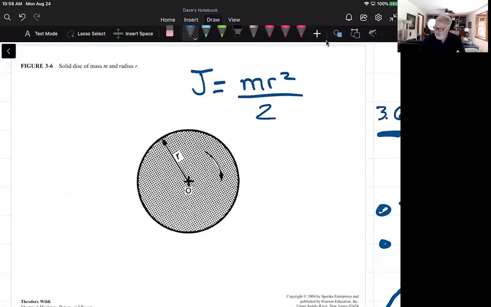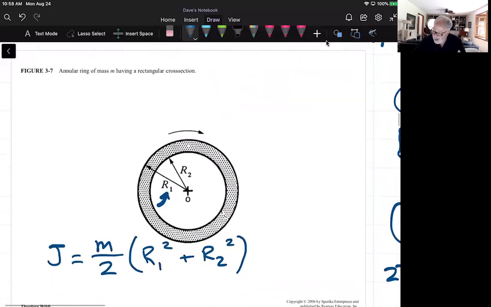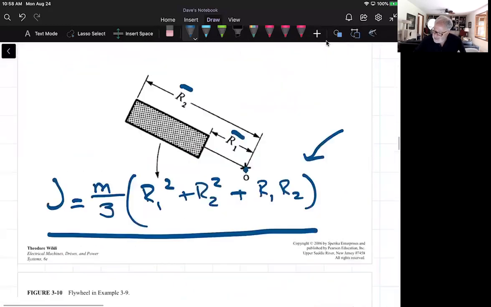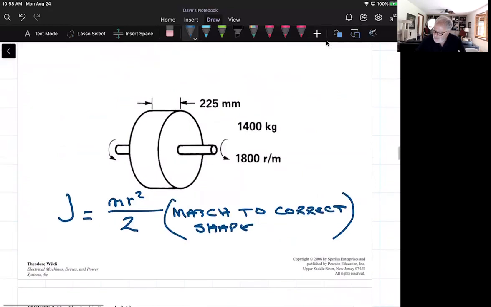Figure 3-6 shows a solid disk of mass M and radius R. So that's what we have here. And so that's the J number that we're going to use to work this problem, okay? The small m is the mass, the radius is the distance from the center to the outside of the flywheel, divided by 2, that gives us the J number.